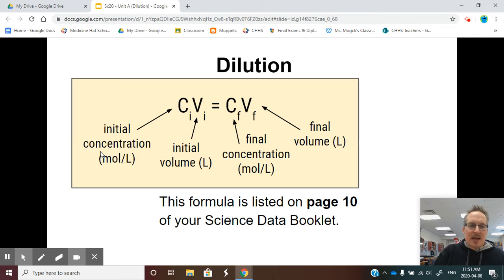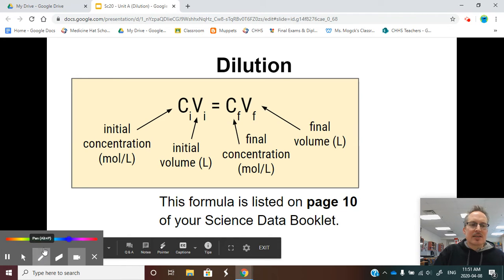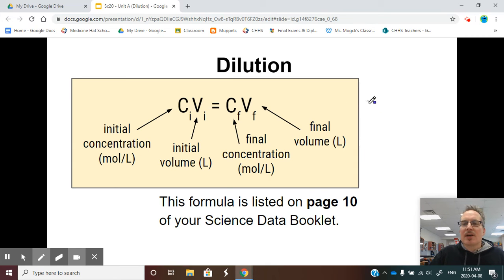The one other thing I might add on here is I might actually show you how to move this formula around. So if the formula is CIVI equals CFVF, and let's say we want to solve for VI. Again, I want to get VI by itself, so I've got to move the initial concentration across the equal sign.